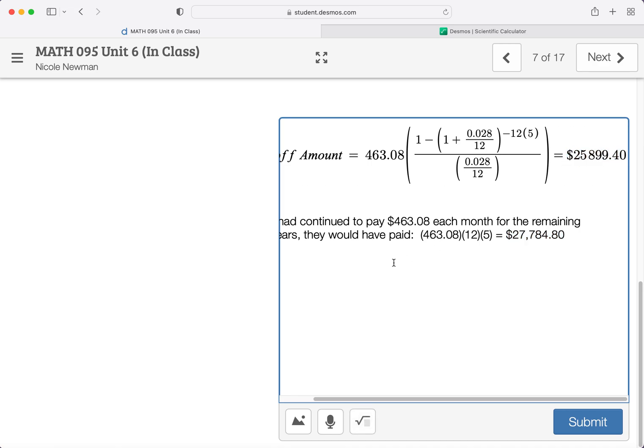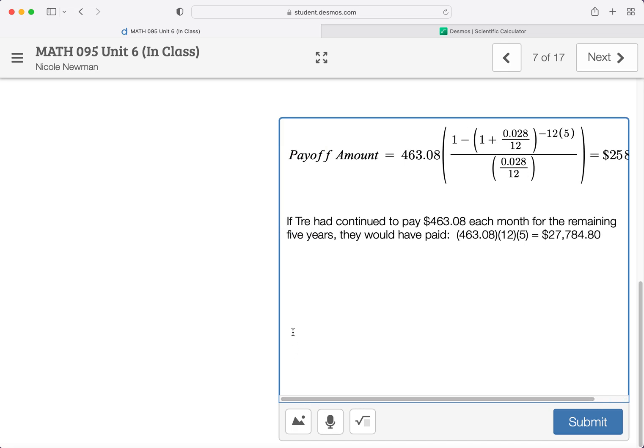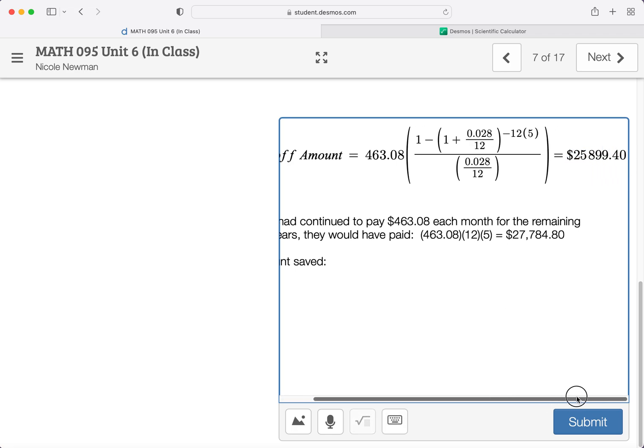So the gap between those two is the amount that's saved. Let's go grab that. This is the work that we would do. So we would have that minus, oh, I have them in the wrong order.